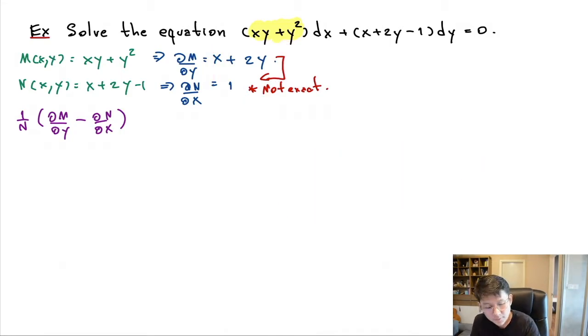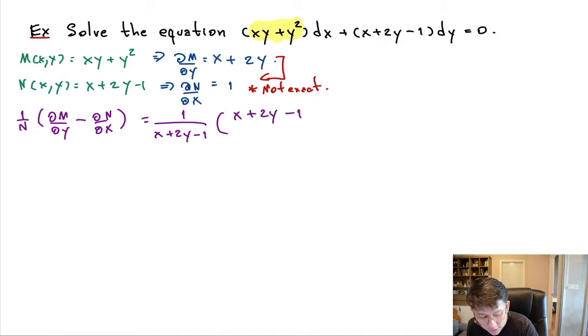Okay? So if you look at that one, what is it? You have 1 divided by N is x plus 2y minus 1, and dM by dy is x plus 2y minus 1. And that is actually 1. 1 is a constant, right?